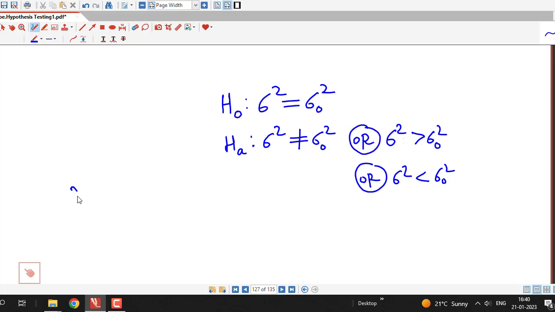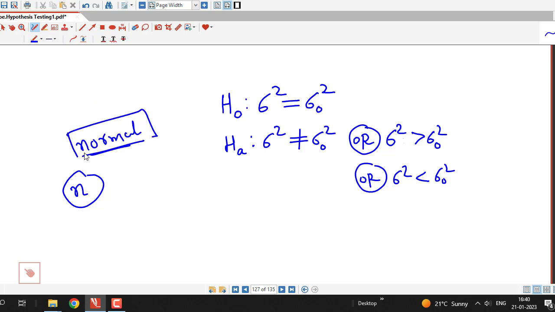And here we are going to consider a random sample of size n from a normal population, and if a normal population is not assumed, then we cannot apply this test.